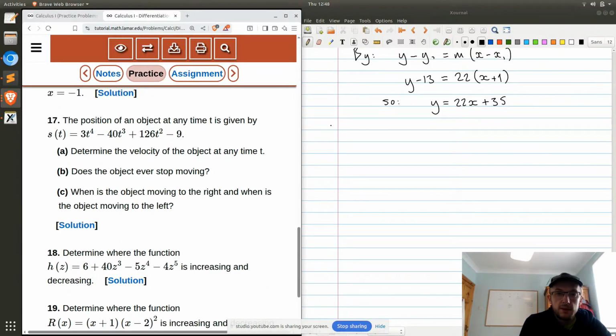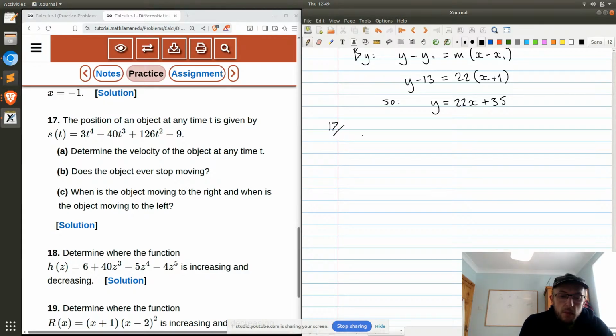17. The position of an object at any time t is given by this formula right here. Determine the velocity of the object at any time t.